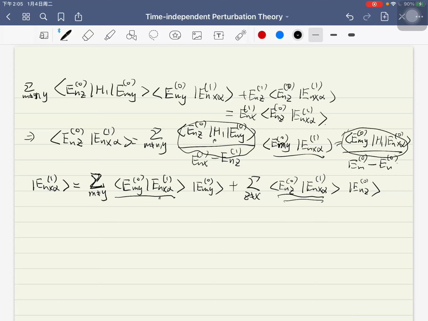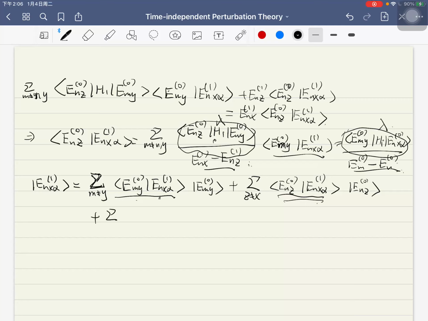This is order lambda. This one is quite big, but this one is relatively small. Oh no, actually these two terms take similar values.